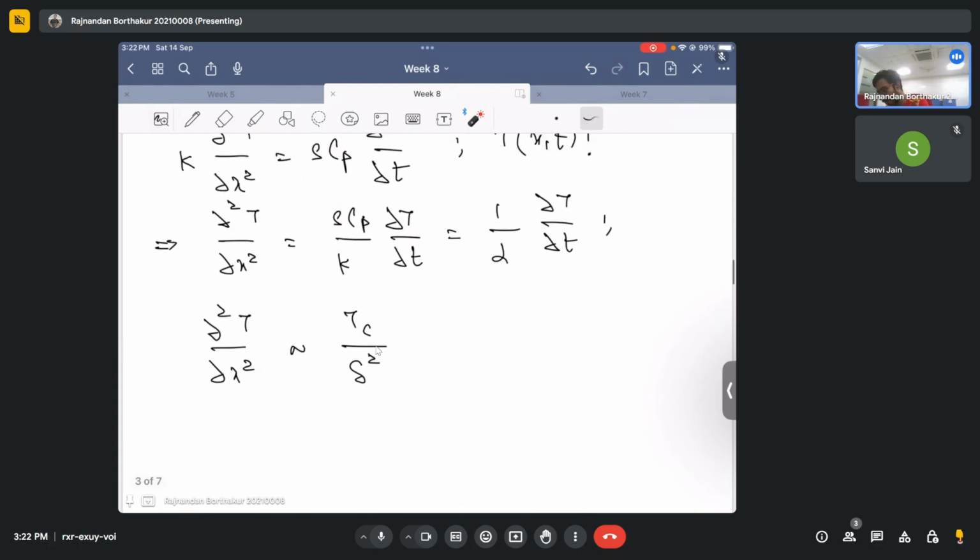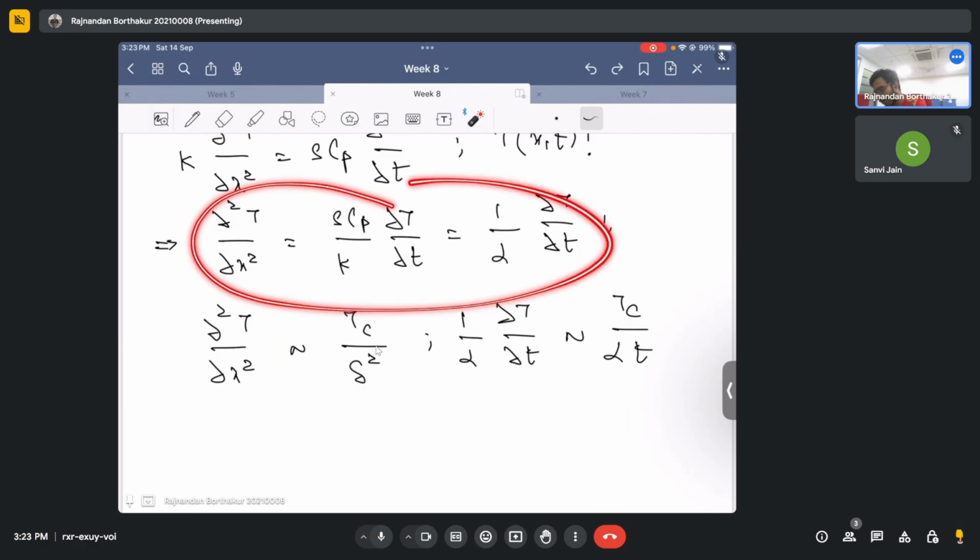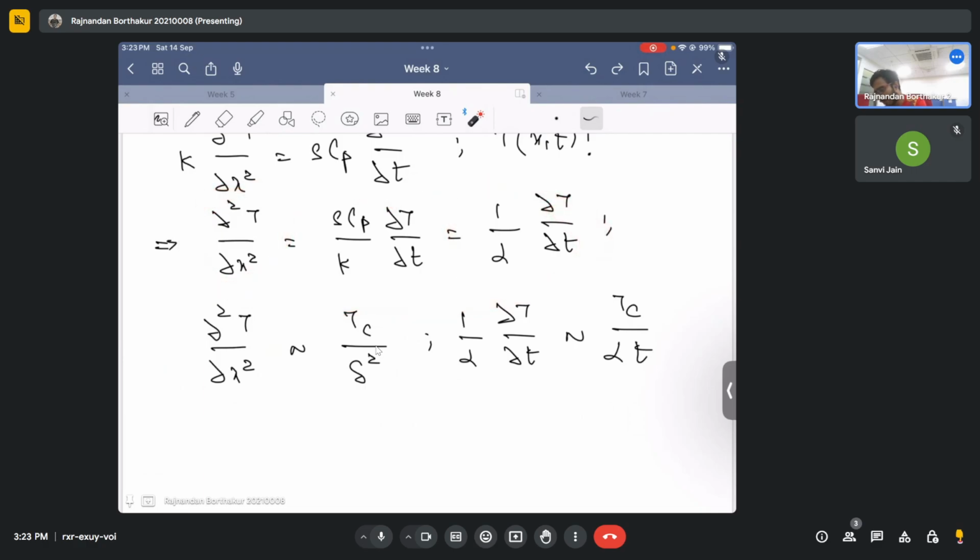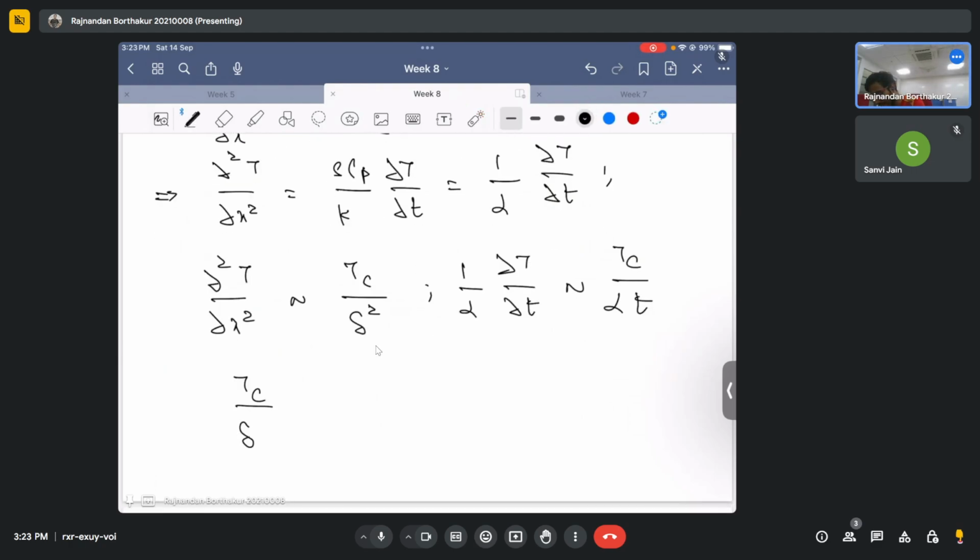The other term, 1 by alpha del T by del t, scales as some characteristic temperature divided by alpha times the time. I hope you are with me so far. Since these terms are equal, the order of magnitude of one will be of the same order as the other, which means I can write that Tc by delta square is of the same order as Tc by alpha t.